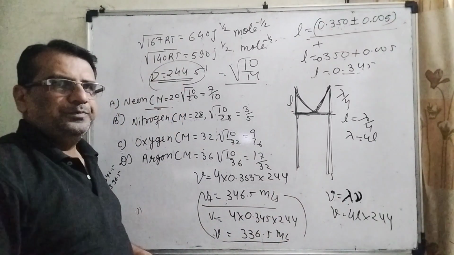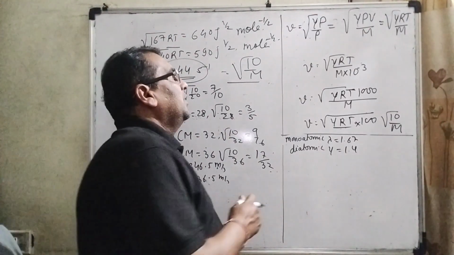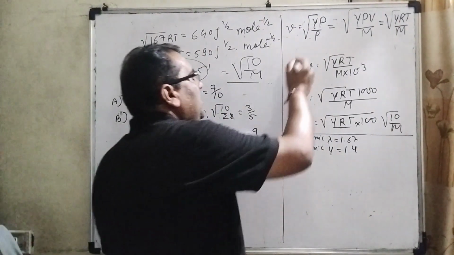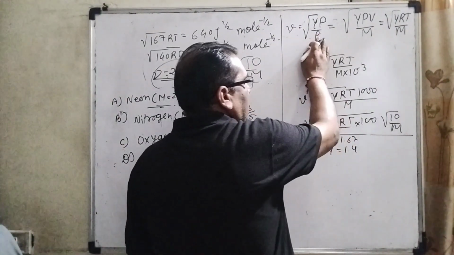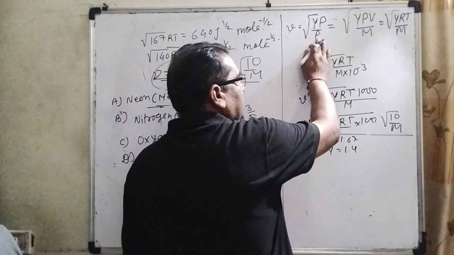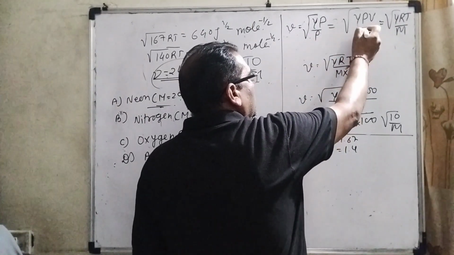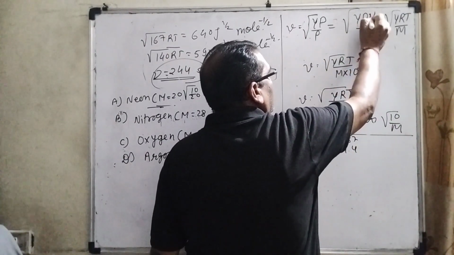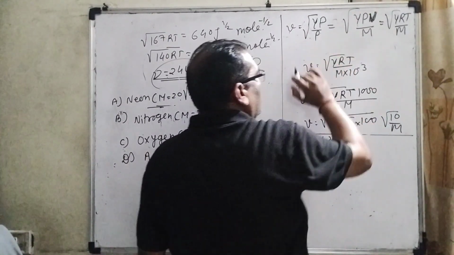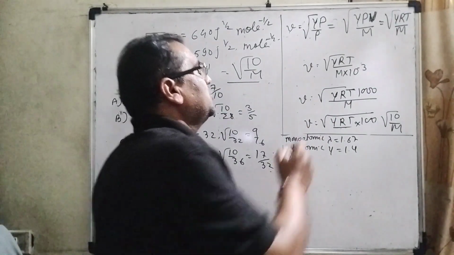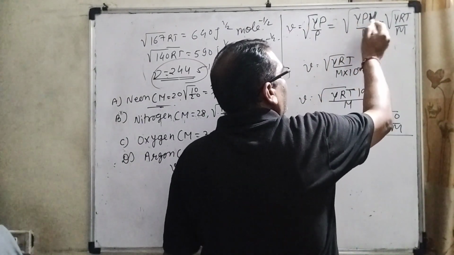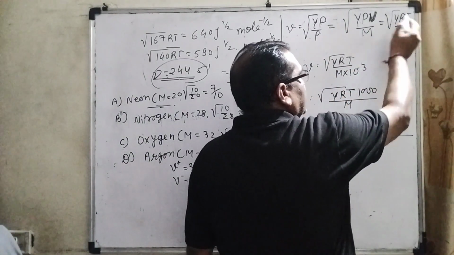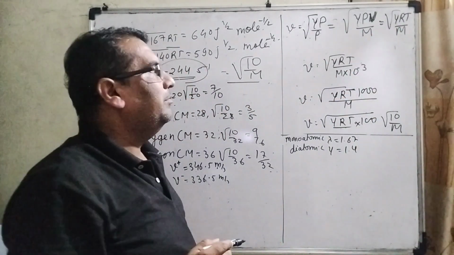Is it clear now? The speed of sound in gases is root of gamma P by rho, where rho is the density of the gas, and density can be written as mass by volume. So V goes to the numerator, and it becomes gamma PV upon m. PV, from the ideal gas equation, gives gamma RT by m.